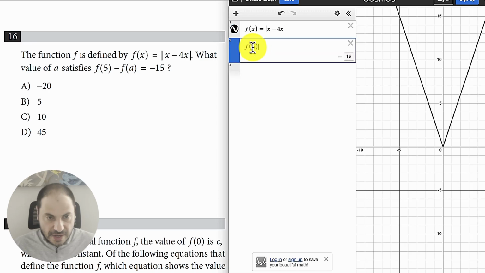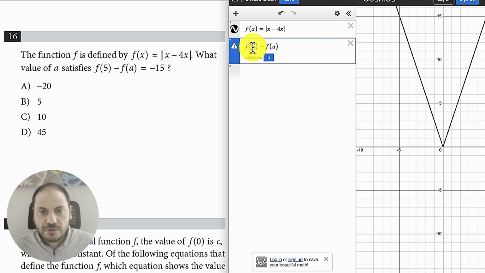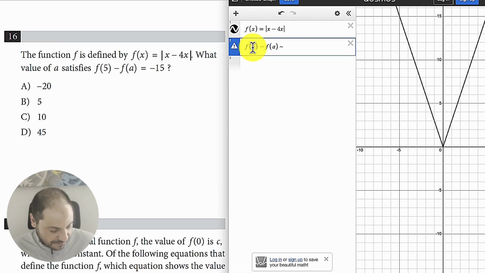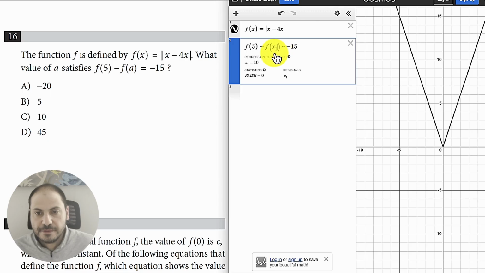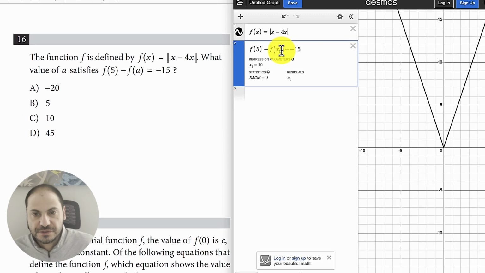Instead of equals, we use the tilde, negative 15. So a equals 10. If this said x, remember you have to use x1. Anytime you use x or y, you have to use x1, y1.